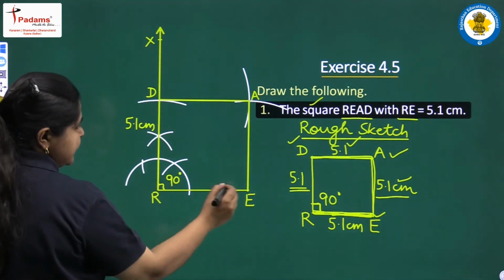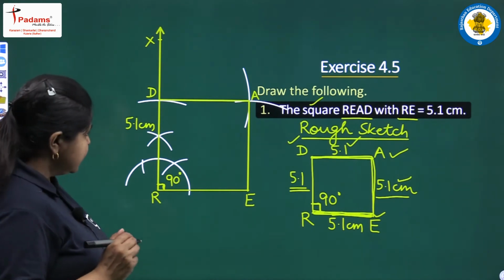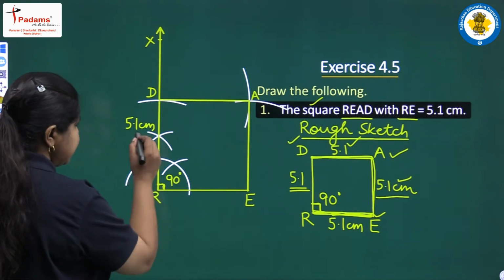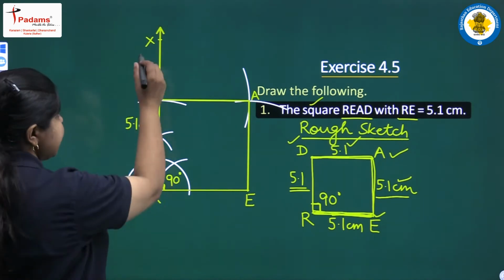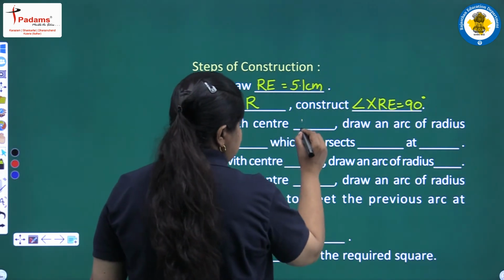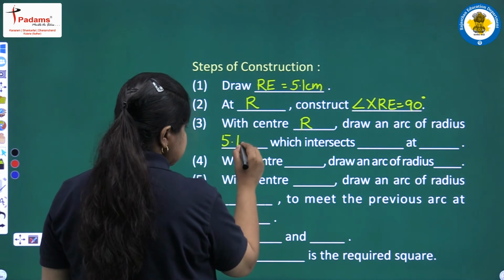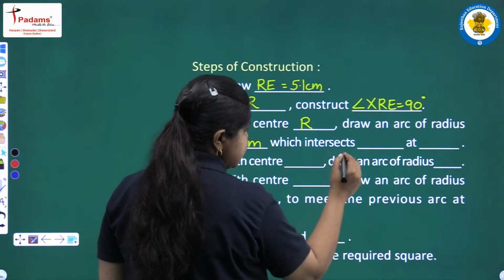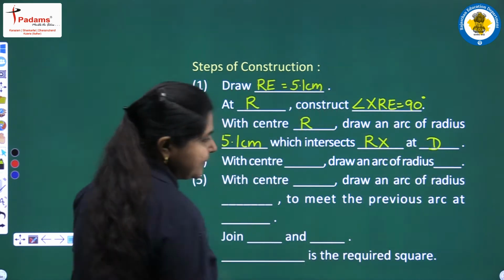Angle XRE, 90 degree angle at point R. Then what next? With center R and radius 5.1, draw an arc to intersect RX at point D. So with center R, draw an arc of radius 5.1 centimeter which intersects RX at point D.